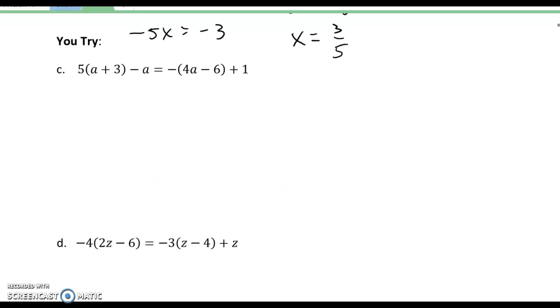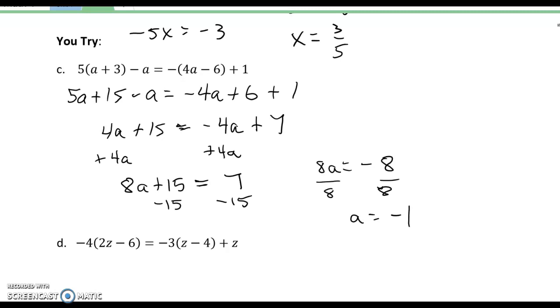So now let's move on down to the U-try for part C. Let's see what you get for part C when you're solving for the variable a. All right, let's check to see how you did. Again, on the left side, got to simplify first. So we got to distribute that 5 through the parentheses to get 5a plus 15 minus a on the left.